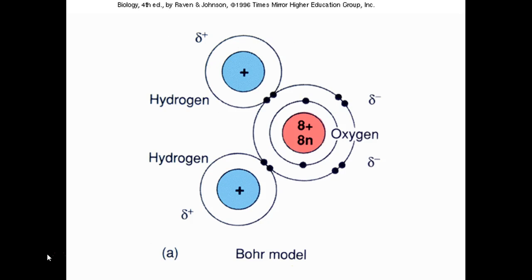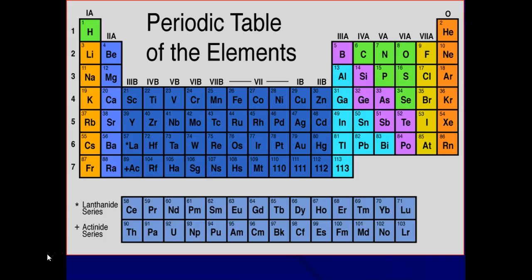Now, let me explain a little bit about why that is the way it is. And we're going to go back and look at the periodic table. Now, we've seen how the periodic table looks. We have our noble gases on the right. Everything else on the left is reactive to be like a noble gas.